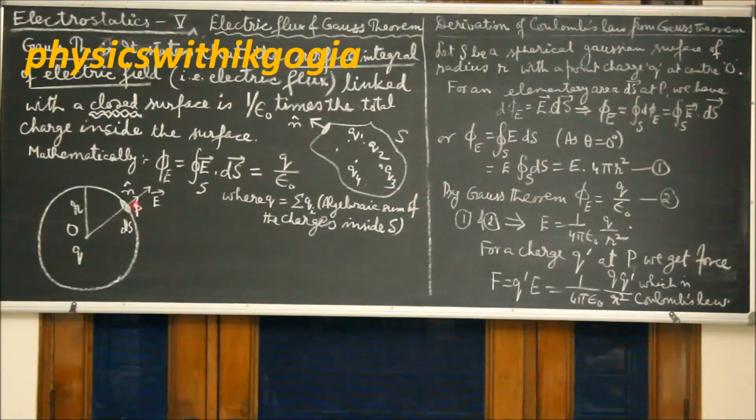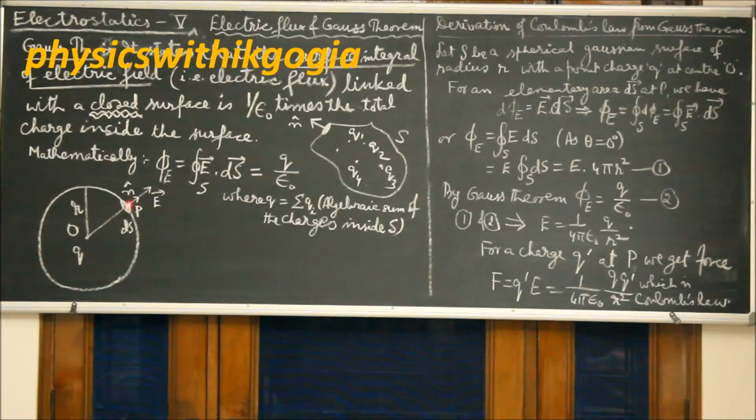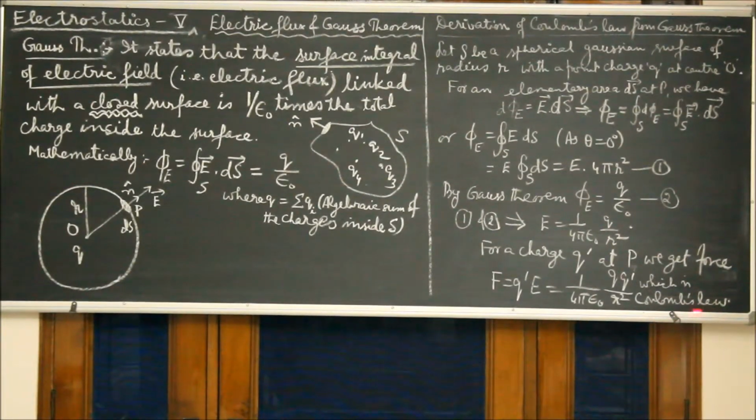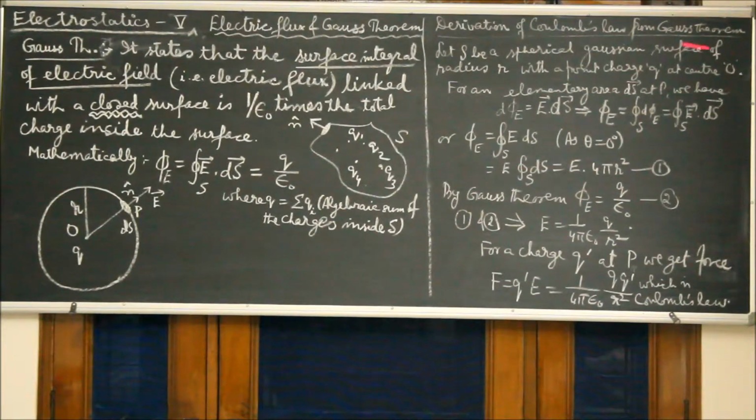If we keep a charge Q dash here, the force on this charge Q dash due to Q will be given by the definition of the field, that is force equals Q dash into E, which leads you to the expression 1 over 4 pi epsilon naught Q Q dash over r square. This is, as you know, Coulomb's law, which we can deduce from Gauss theorem.